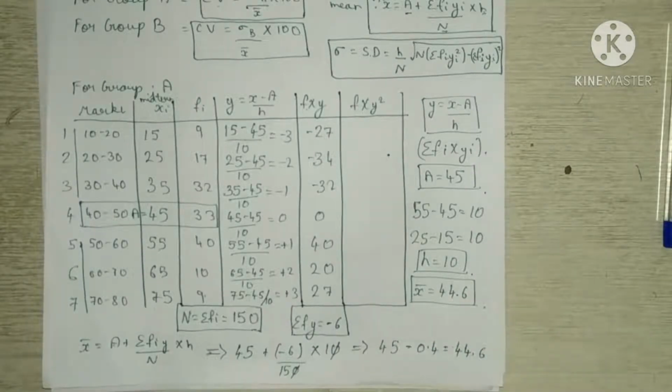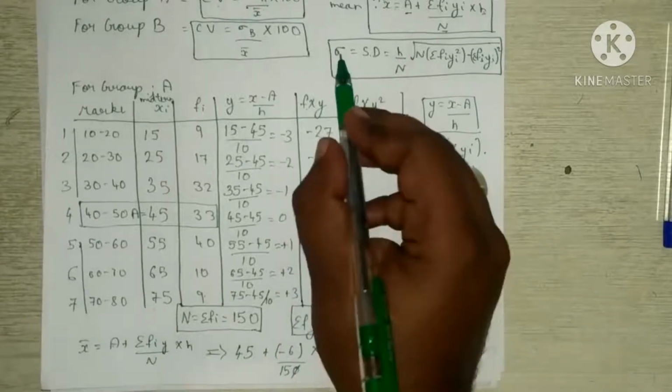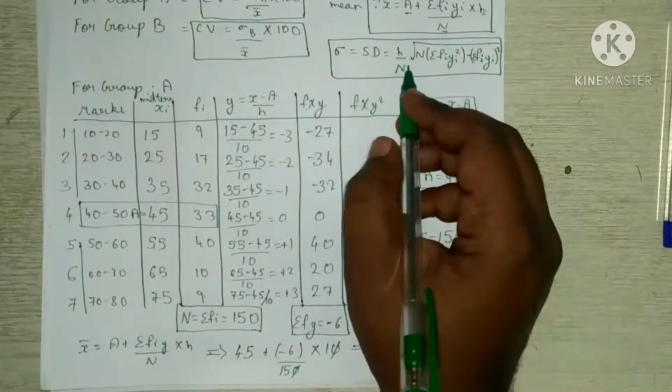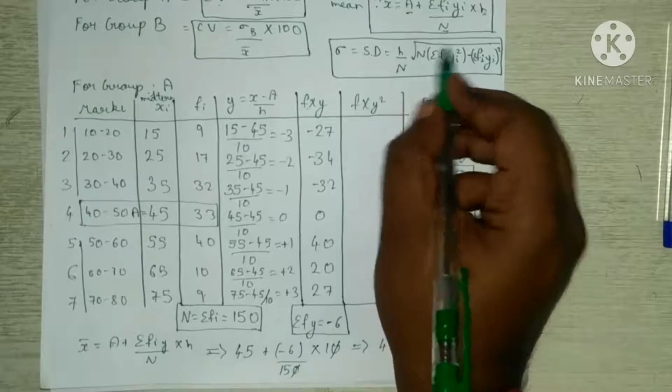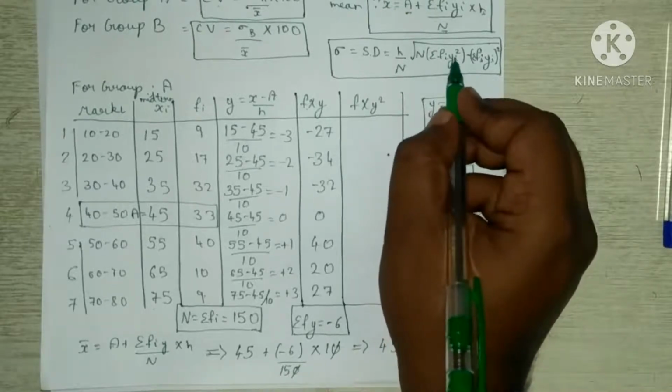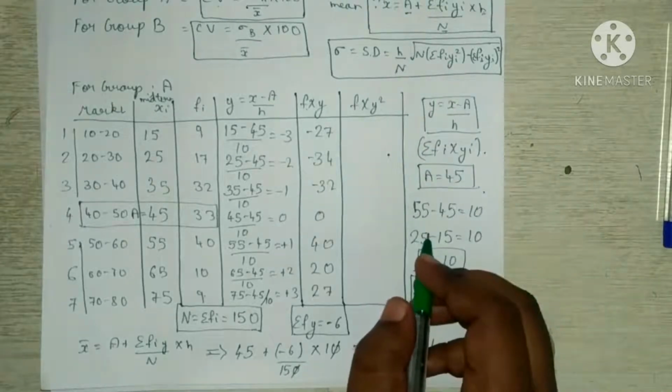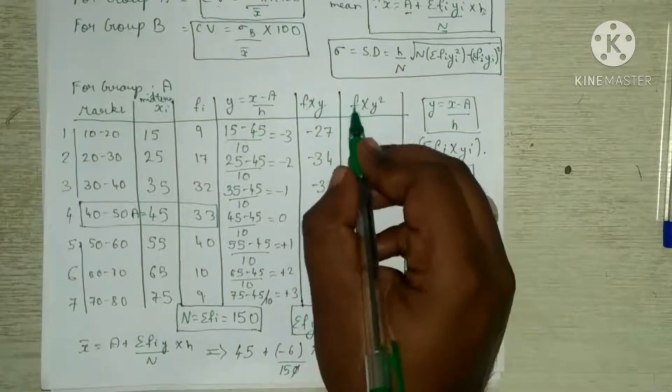Okay, you got the mean. Next you need to get the standard deviation, which is equal to h by n, root over n into summation f y square. You need to find in the table the column f into y square.